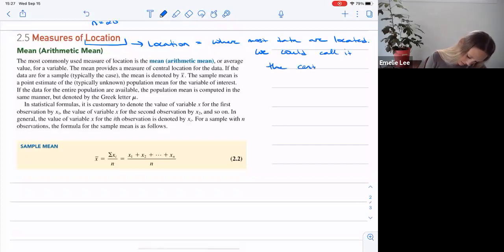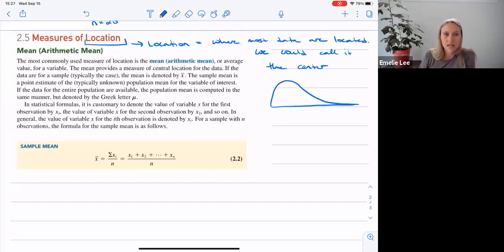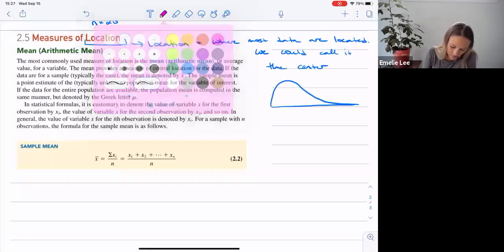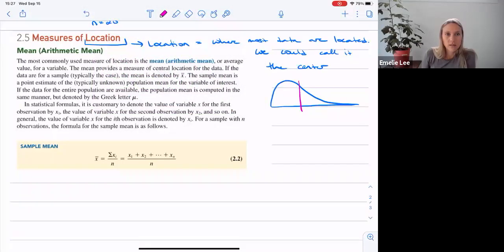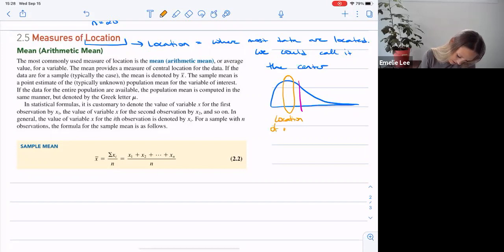I think the reason that they're hesitant about calling it the center is because if we have a crazy skewed distribution like this, then visually the center might be somewhere here, right? Whereas maybe the location of most of the data would be here, right? So the location of most data might be kind of in this range, right?